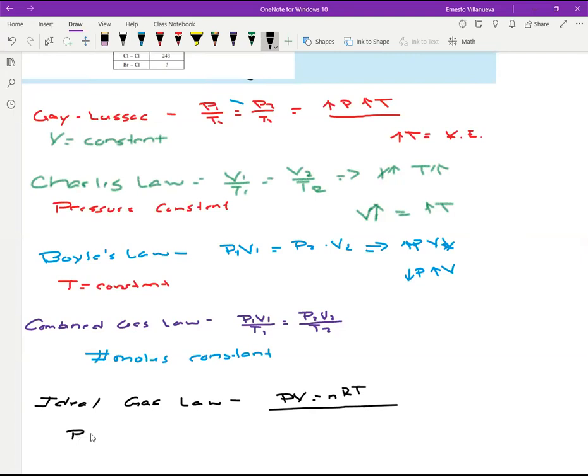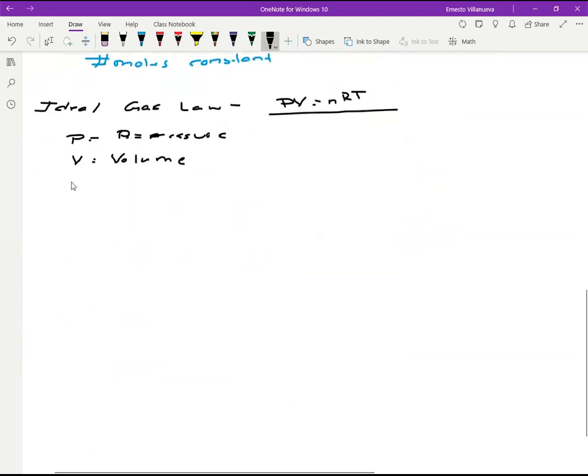P represents pressure. V is volume. N is number of moles.